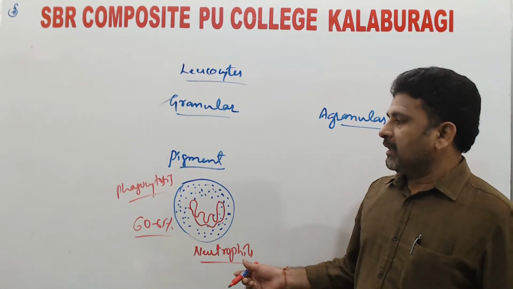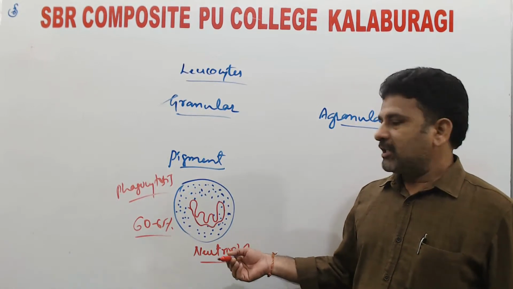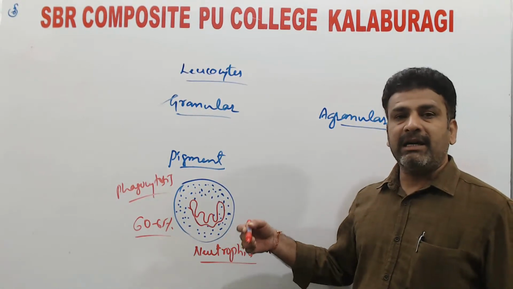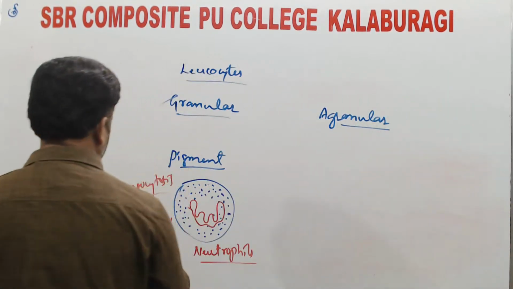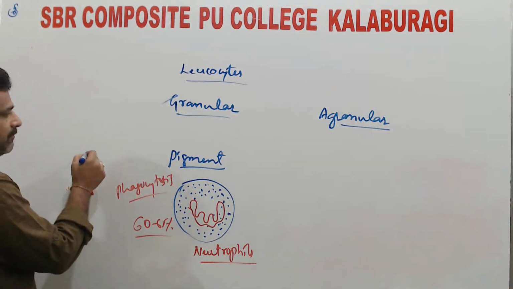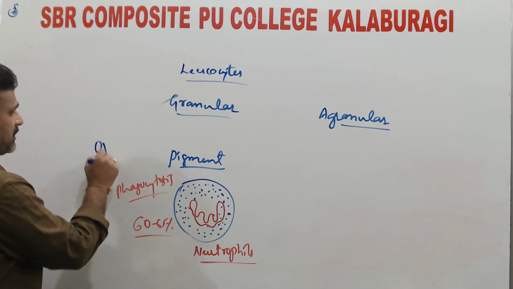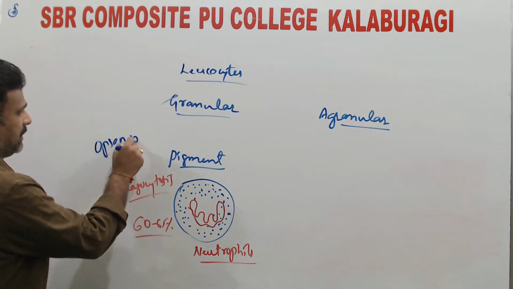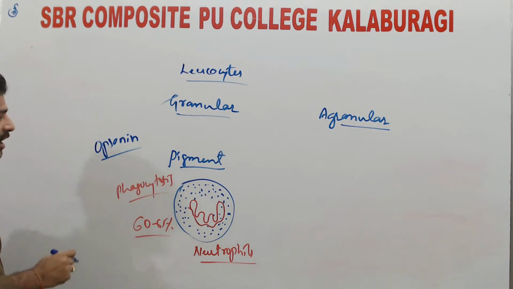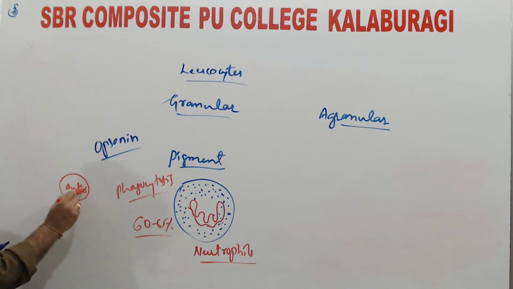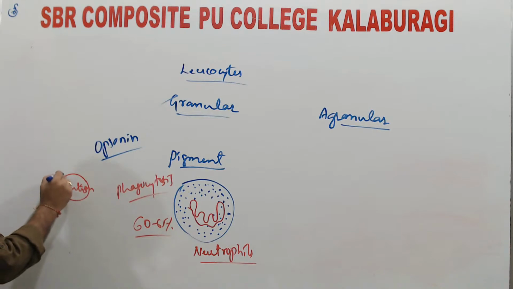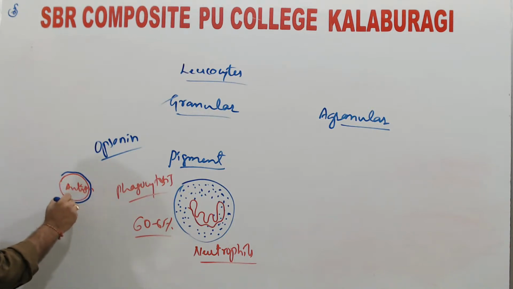The pathogens as well as antigen molecules get engulfed and destroyed. During phagocytosis, these cells secrete a proteinaceous substance called opsonin. Suppose this is the pathogen, or an antigen, or an invading microorganism; around it there is a deposition of the opsonin.